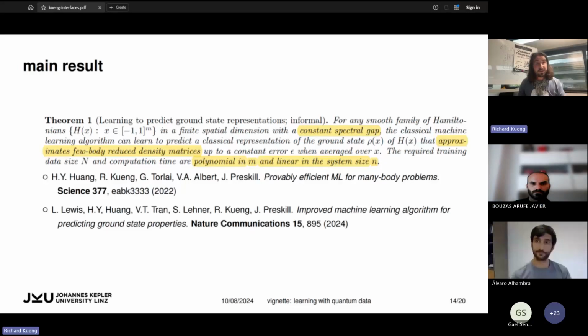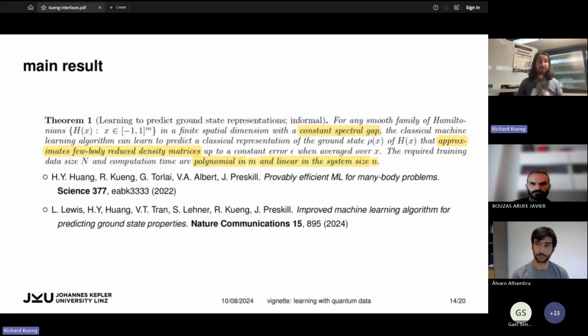This is a very strong physical assumption, but this is what we needed in order to make the theory work. And I think physically this means that you're deep in the phase, but still, we could show that under these assumptions, deep in the phase, such a hybrid quantum classical machine learning approach can work with provably polynomially bounded resources.